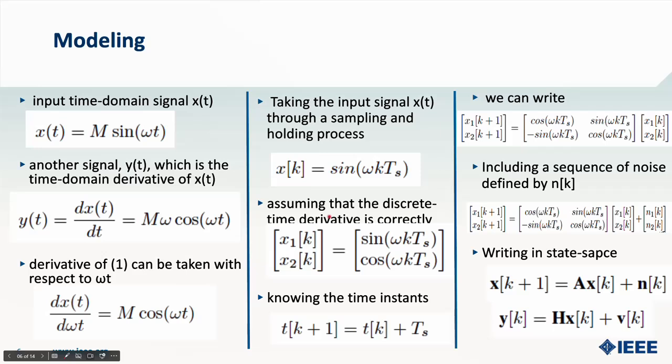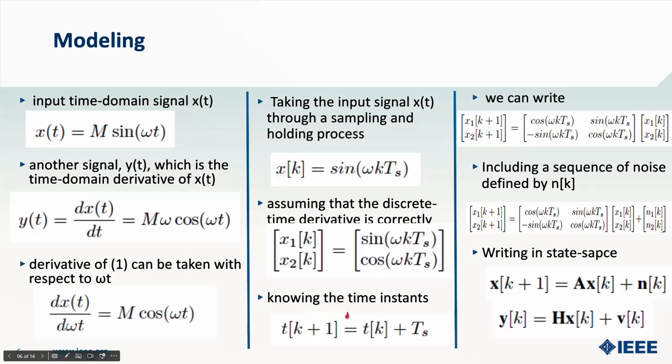and assuming that the derivative will be correctly computed, we can construct this equation here showing the first sinusoidal waveform and its derivative, which is this one. And again, this will be free of noise because the Kalman filter will do this for us.